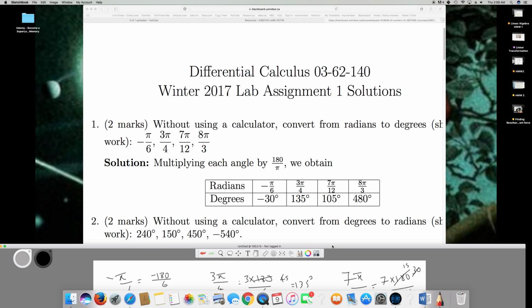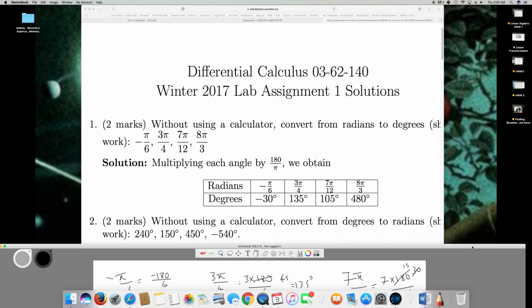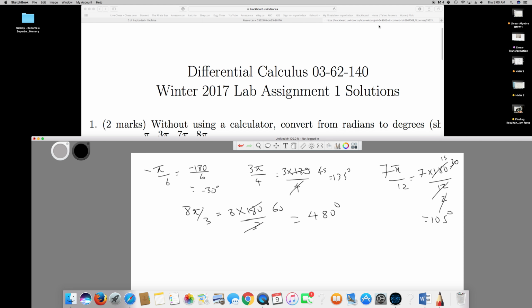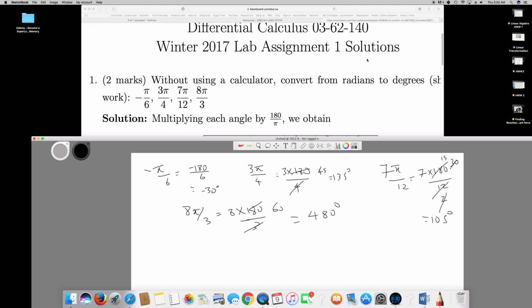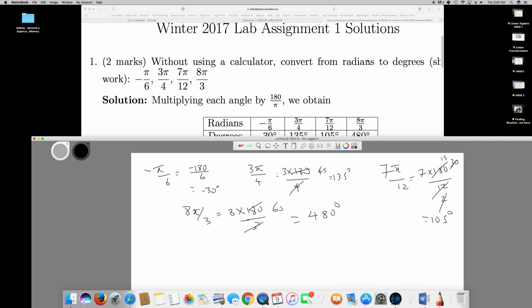The second question is asking, without using a calculator, convert from degrees to radians. So if they ask to convert something from degrees to radians, here we go.